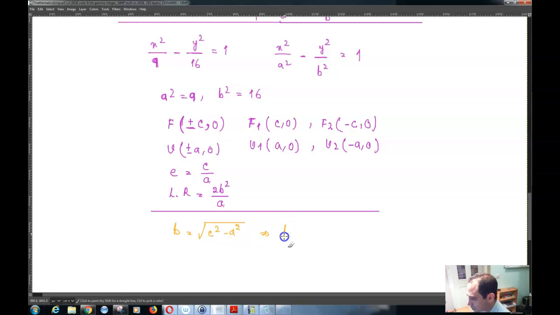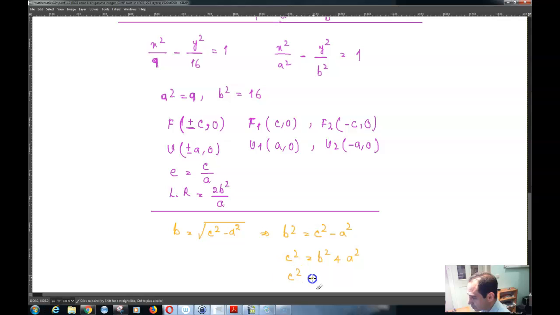That means that B squared is equal to C squared minus A squared. So basically what that means is that C squared is equal to B squared plus A squared.